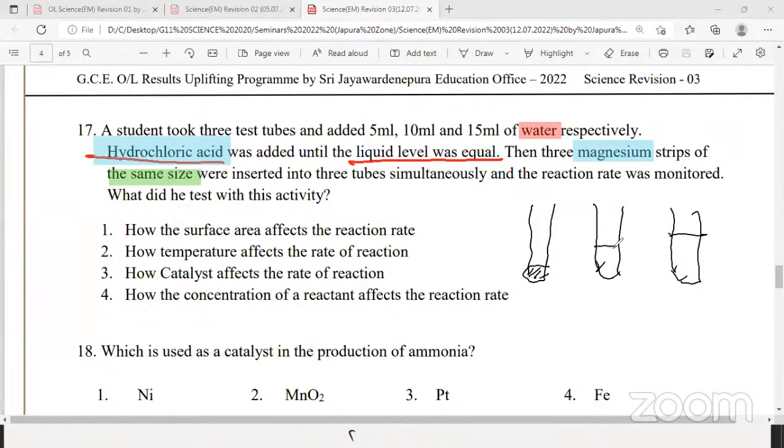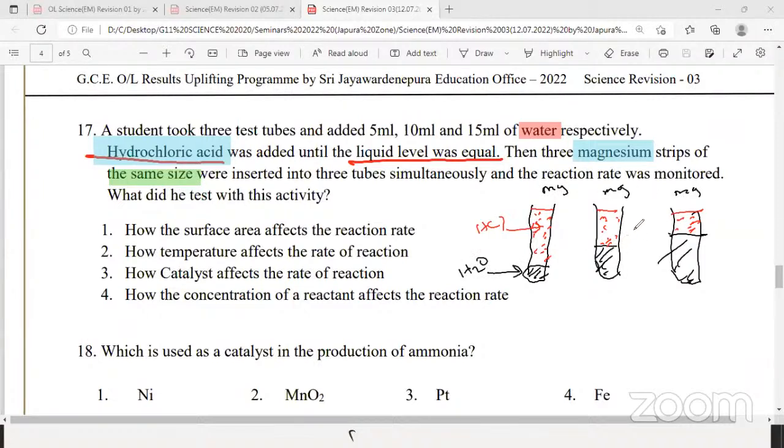Then you fill the rest with HCl up to the equal level. Red one is HCl, black one is water. Magnesium strip of the same size is added to all.